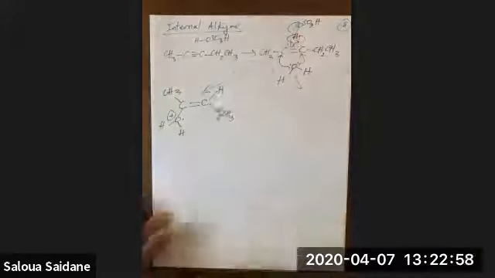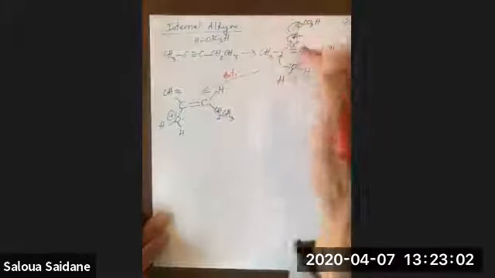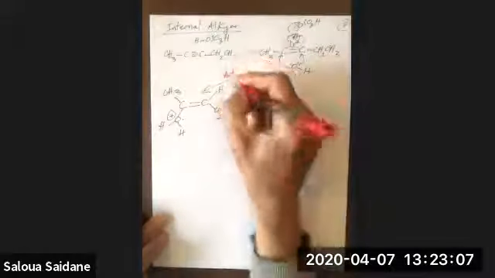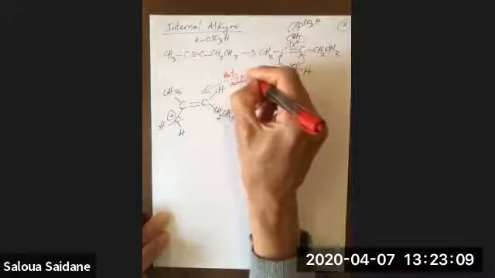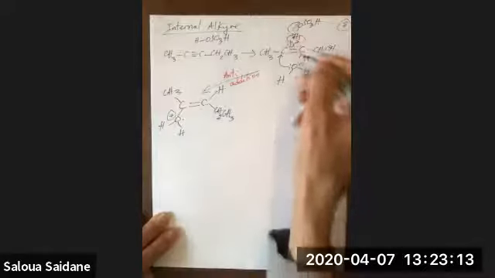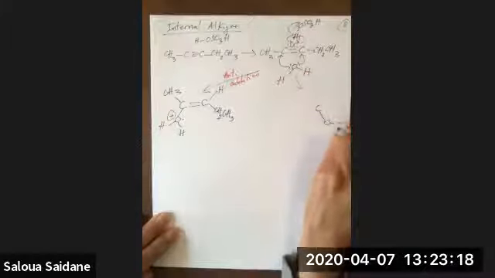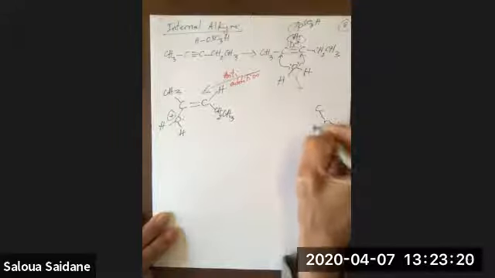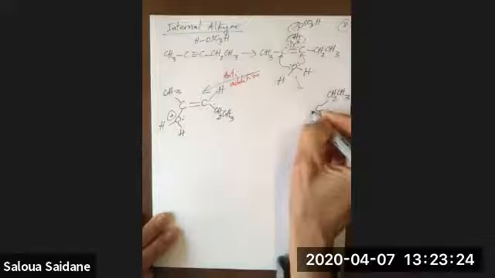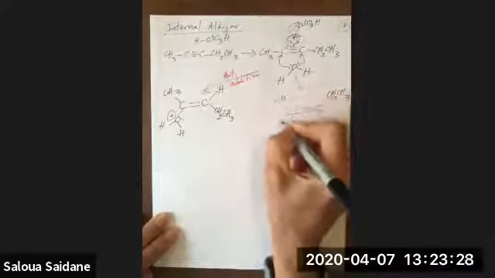Remember, it's an anti addition. It's always anti, meaning the H is on the top, the OH on the bottom. Whenever you have a Bronsted acid, it's always going to be anti. On the pink side here, the water will attach to the right carbon. So we're going to have OH, H plus, and then CH2, CH3, and then a double bond C, H, CH3.